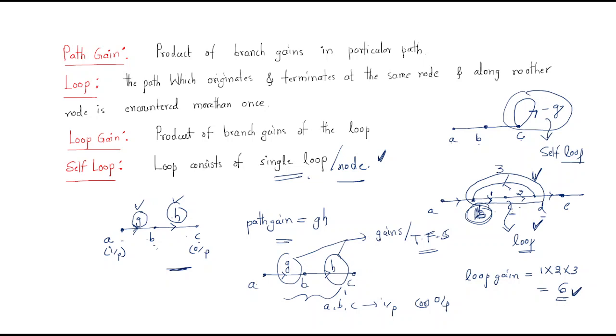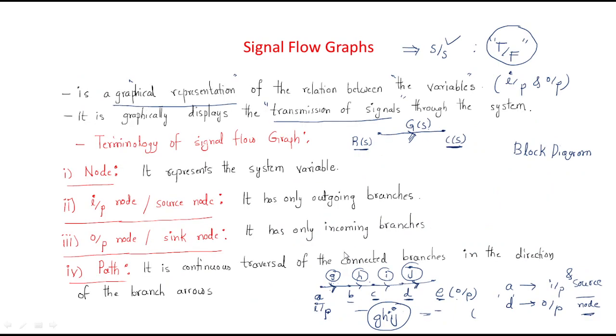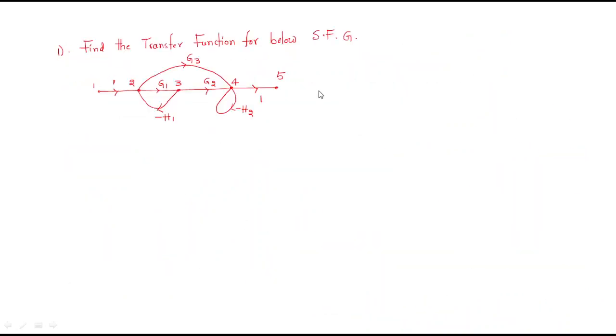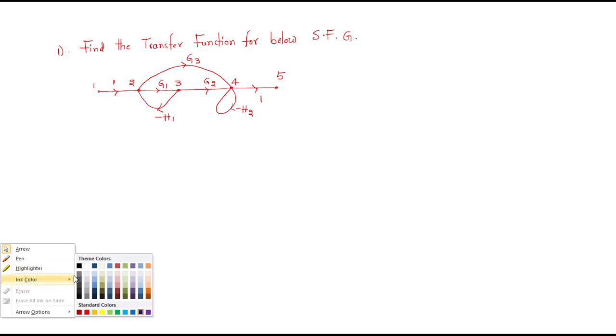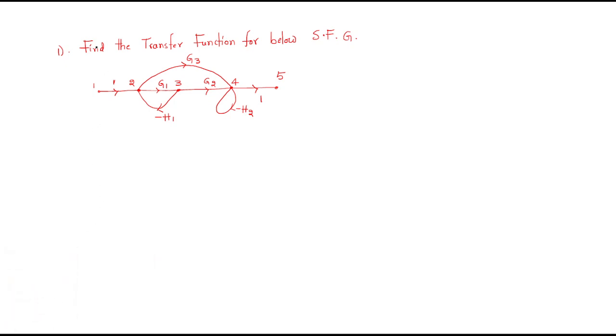When we discuss one problem, you will clearly understand what the signal flow graph is, how we represent the system, and how we can find the transfer function. Look at here, we have one problem: find the transfer function of the below signal flow graph.